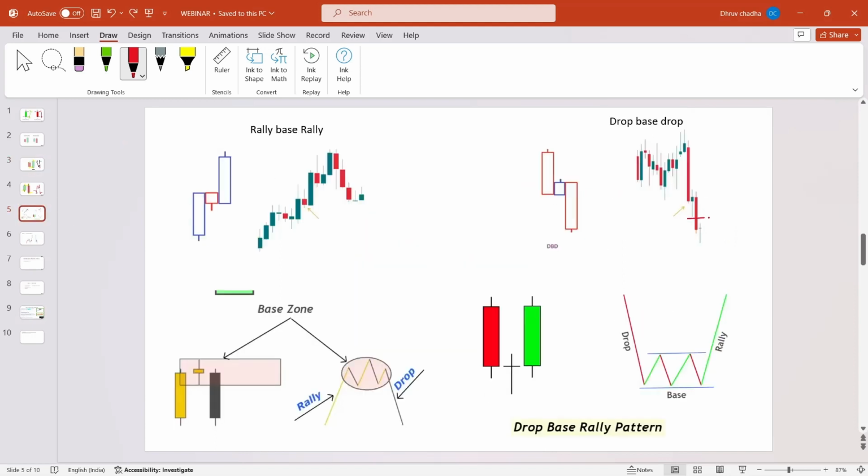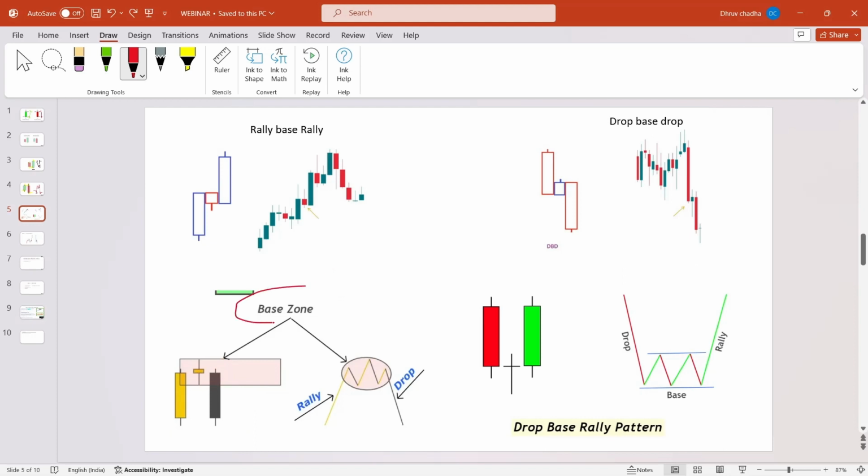We simply mark this zone, and we expect the market to come into this area and give us a fall. I'm not talking about the current market transaction and confirmations. I'm not really going into that for now. I'm just covering the basic foundation for now. Okay, so this is the rally, this is the base, and this is the drop.